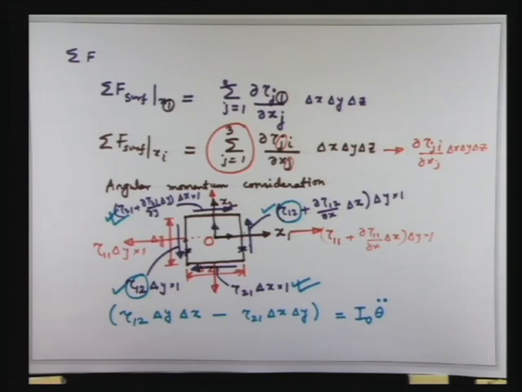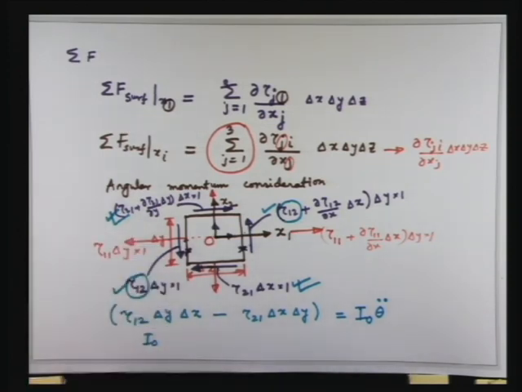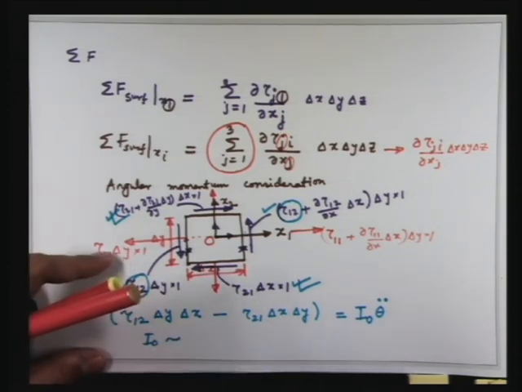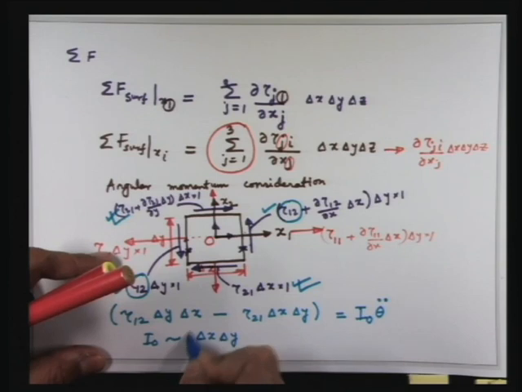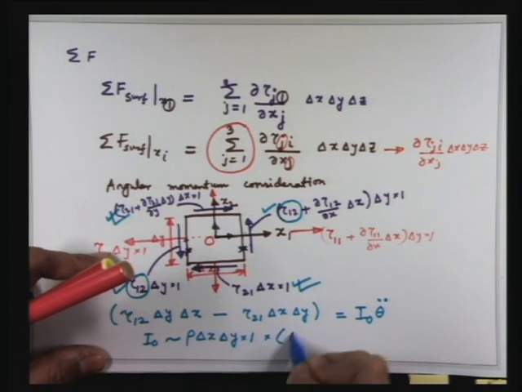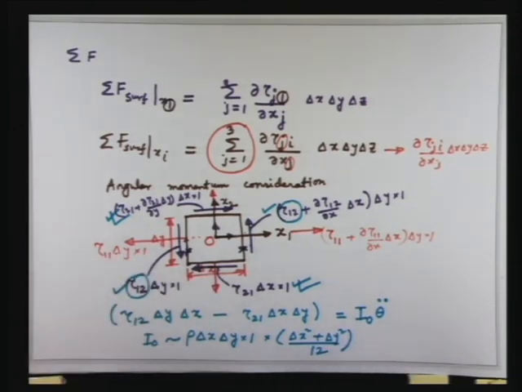So now what is I O? A typical moment of inertia will scale with mass into the square of a length, right? So what is the mass? Let us write the scale of this. The mass of this fluid element is delta x into delta y into rho into 1, times, let us say, delta x square plus delta y square. For a rectangle it will be this. But whether it is 12, 13, or 1 million, it does not matter.